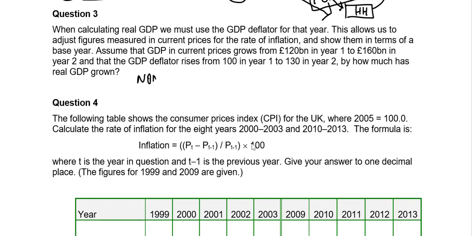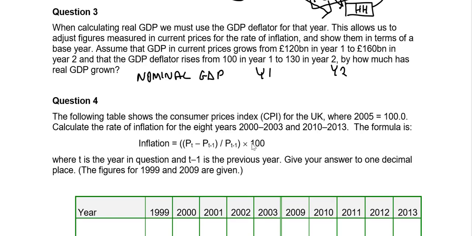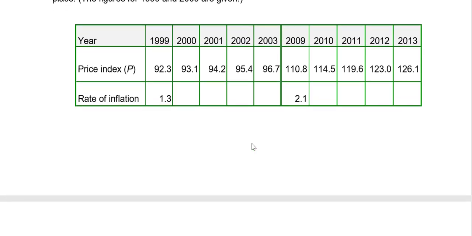Nominal GDP year 1, then year 2. It doesn't appear to be a good idea to write here.